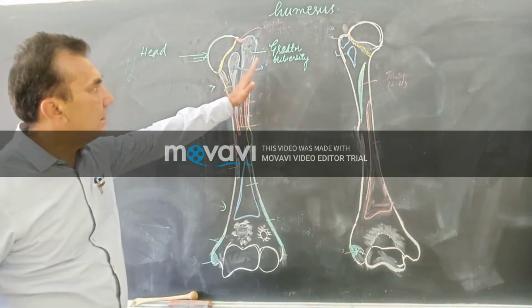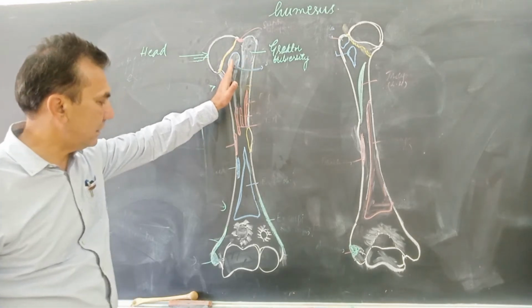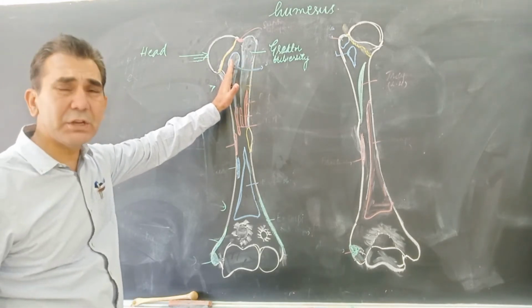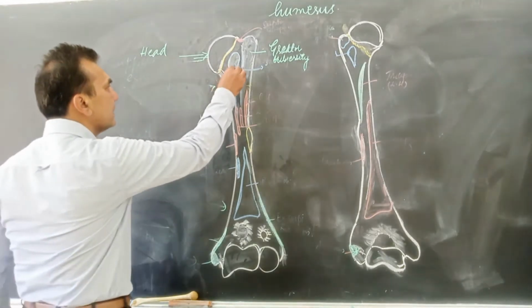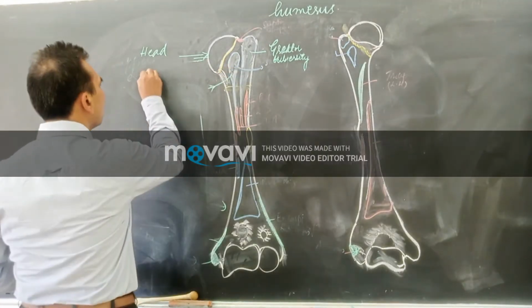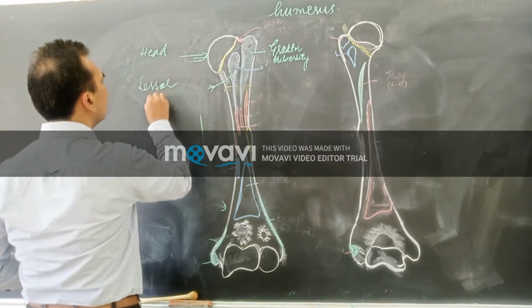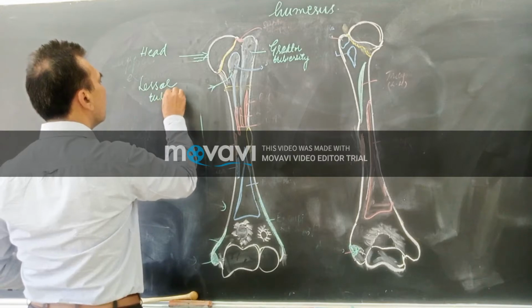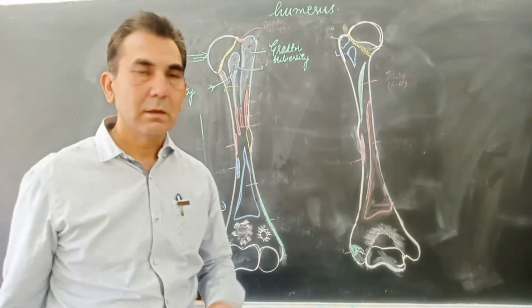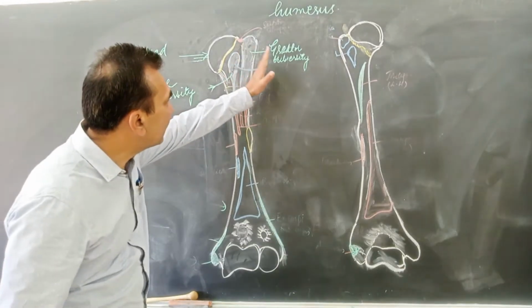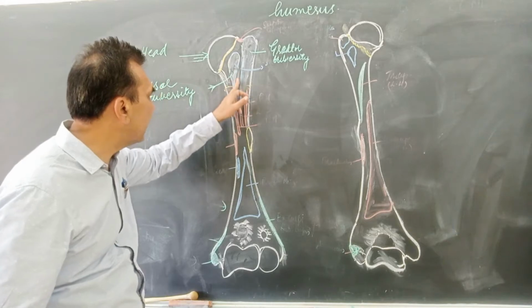On the medial side of the greater tuberosity is another, smaller tuberosity, called the lesser tuberosity.